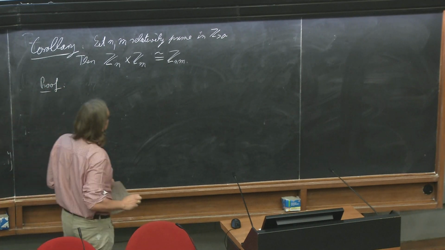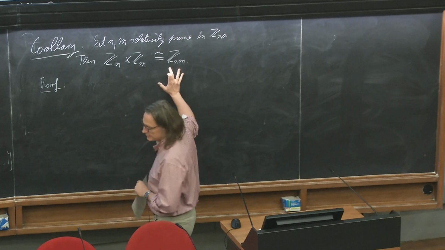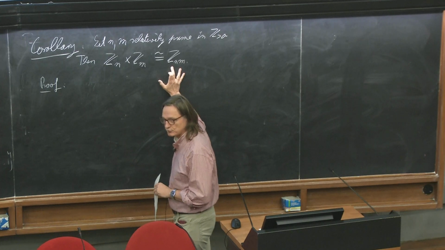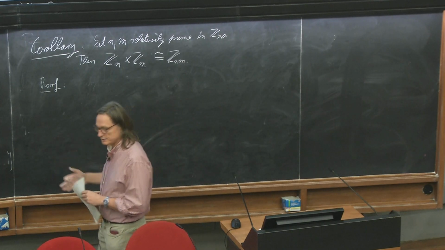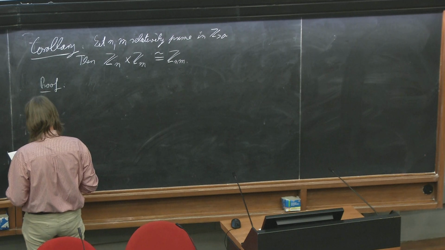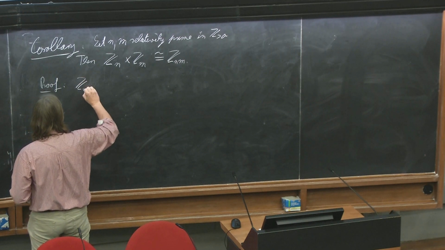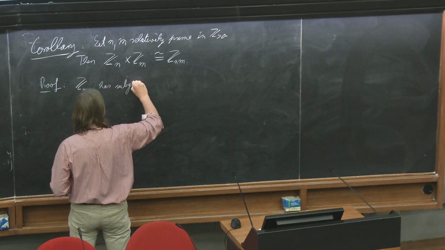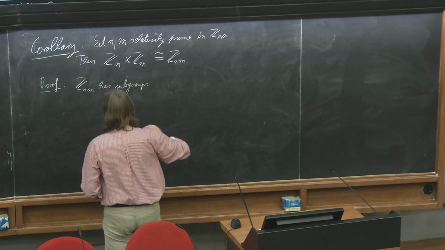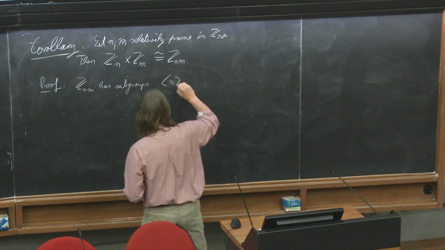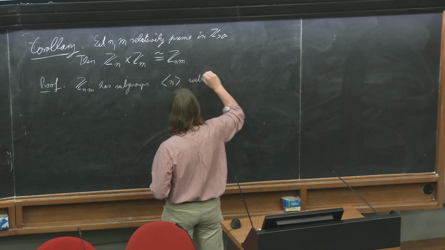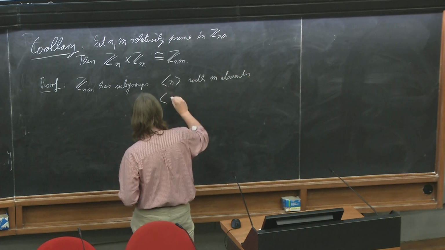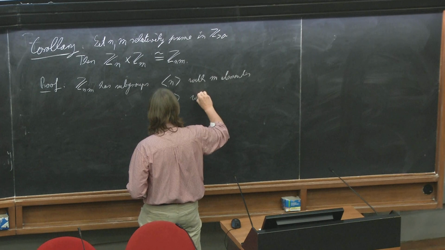So we know that Znm is abelian. So if I have a subgroup, it's a normal subgroup. So this condition with normal subgroups is automatically satisfied. So Znm has subgroups. For instance, the subgroup generated by n with m elements and the one generated by m with n elements.